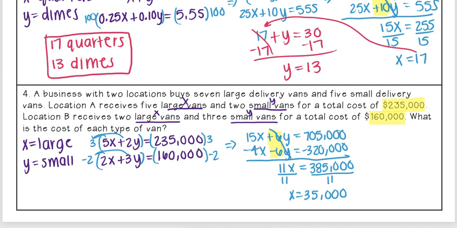small vans cost. So to do that, I'm going to go ahead and plug in $35,000 for x in my second equation. And so now instead of 2x, I'm going to have 2 times 35,000 plus 3y equals 160,000. 2 times 35,000, I get 70,000.